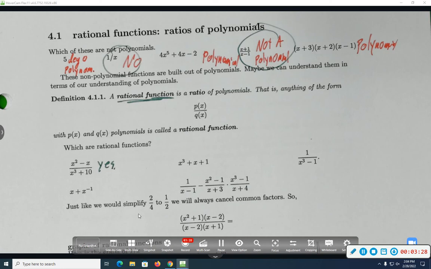So for the fourth one on the example, you said x can be in the denominator. How is that different from the first one of the rational function? So this is not a polynomial. It is a rational function. So there are 2 classes of things.